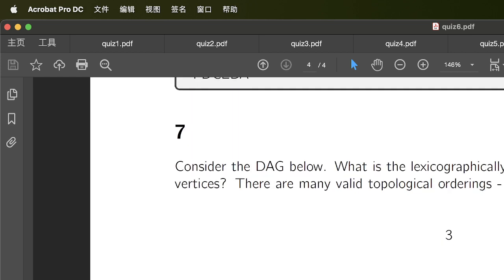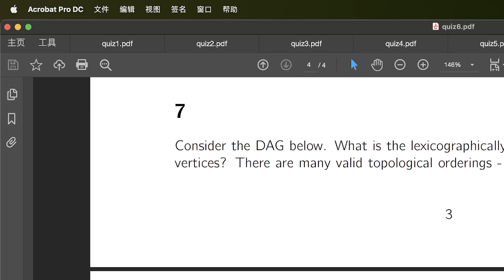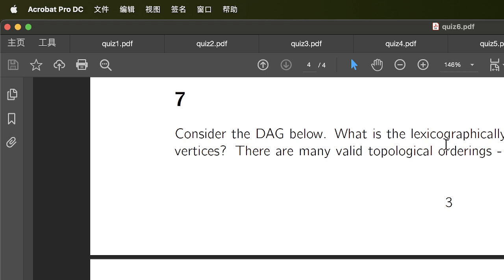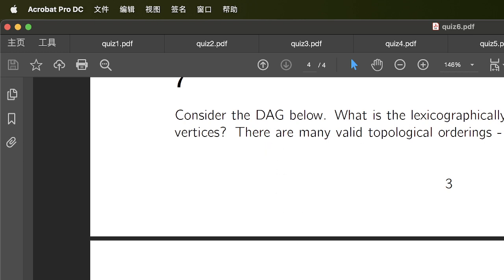Consider the DAG below. What is the lexicographically smallest topological ordering of the vertices? That means if we have a tie here, we always choose the letter in alphabetical order, right?